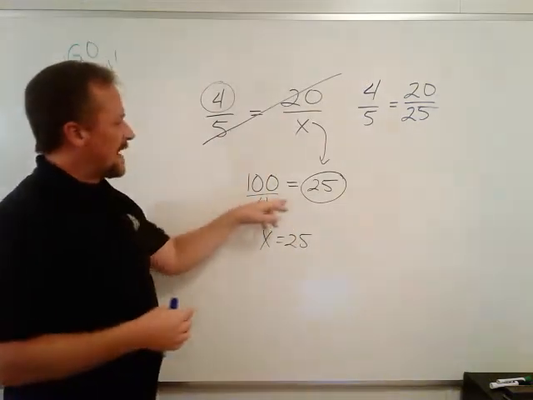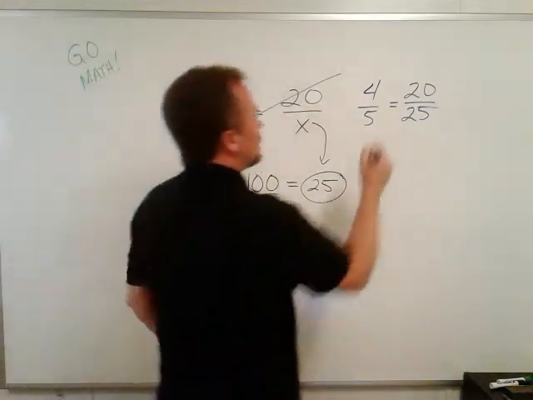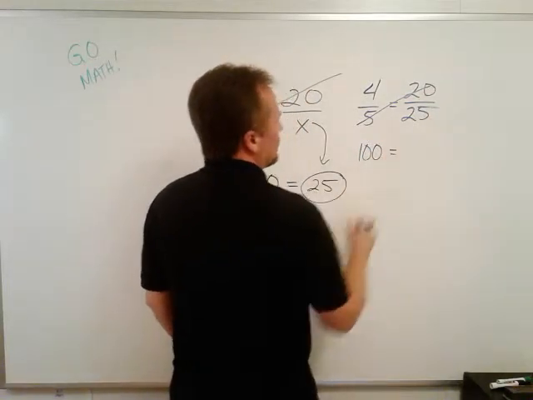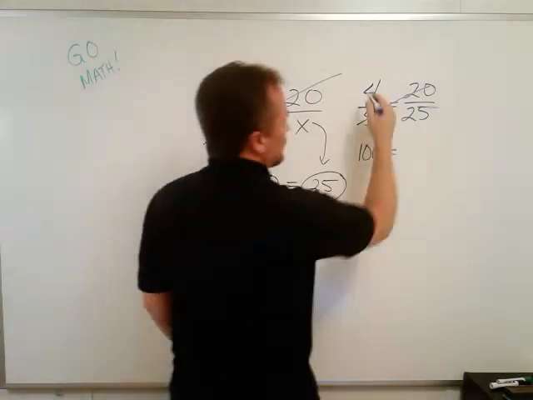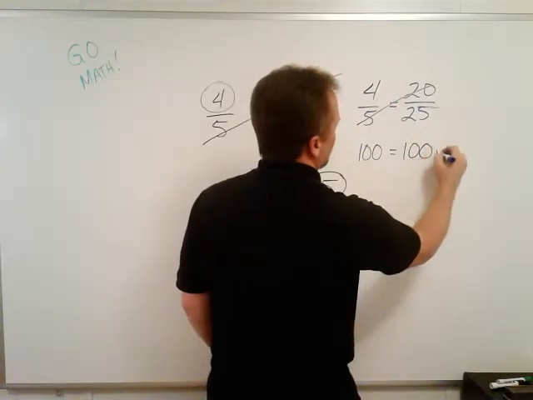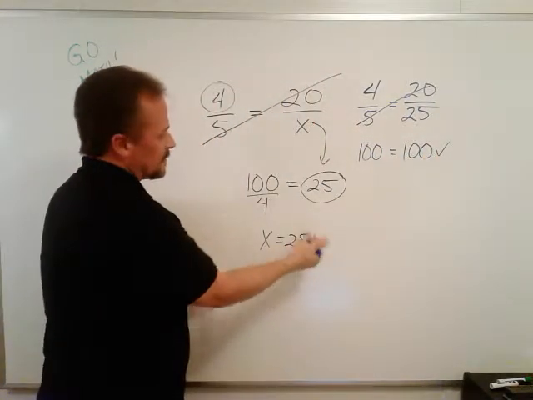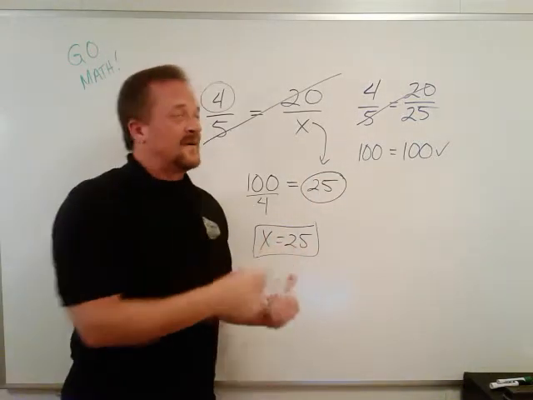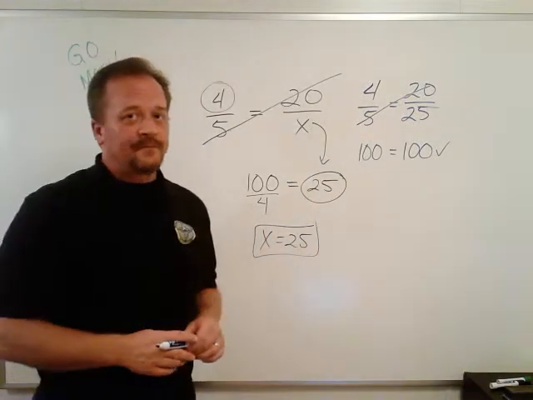And I've kind of already shown that here, just backwards. So 5 times 20 is 100, and that's equal to 4 times 25, which is also 100. So I know that I've done the correct work to find the value of that missing variable.